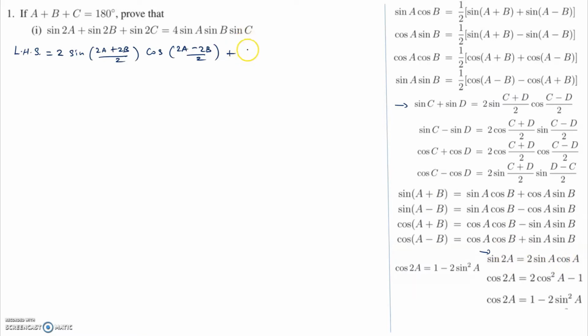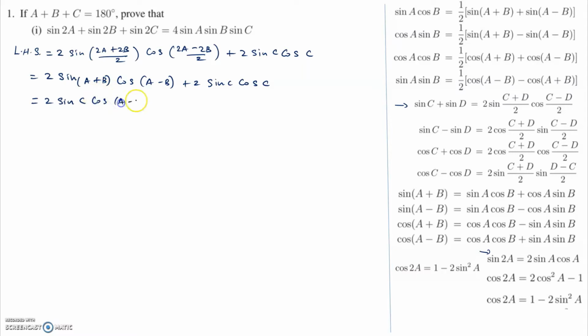So this becomes 2 sine c cos c. Further simplifying this, this becomes 2 times sine (a plus b) into cos (a minus b) plus 2 times sine c cos c. Now we can write this as 2 sine c cos (a minus b) plus 2 sine c cos c.